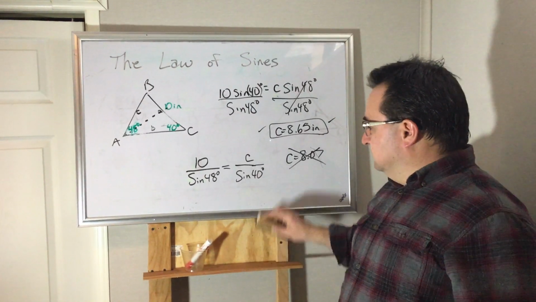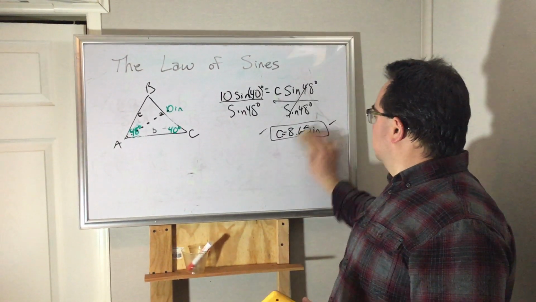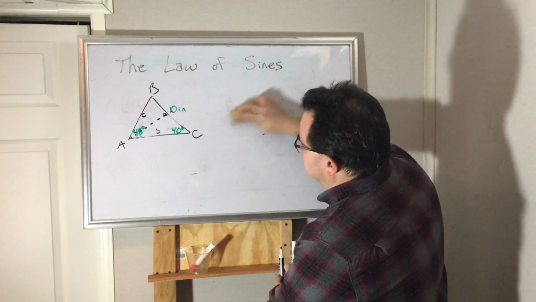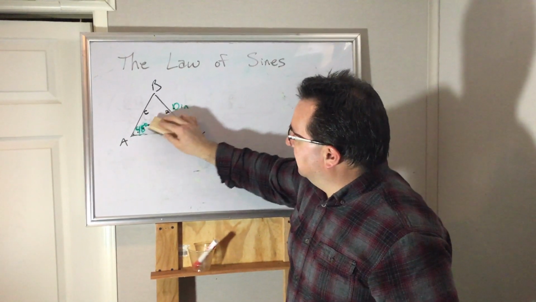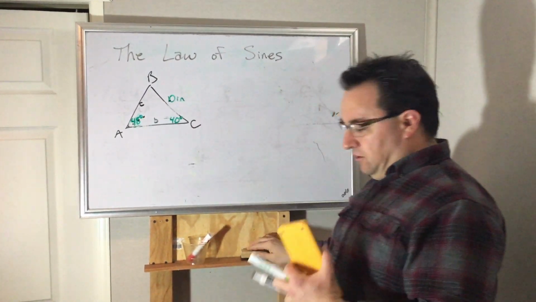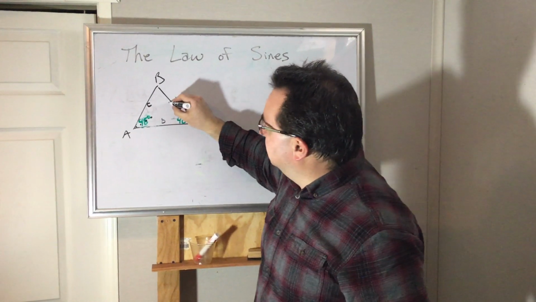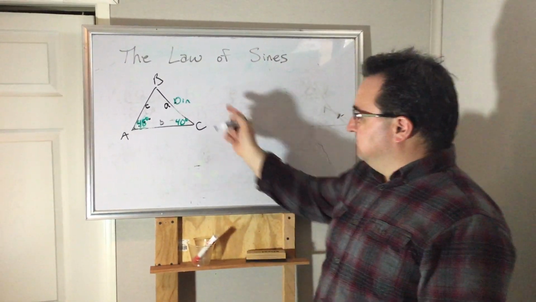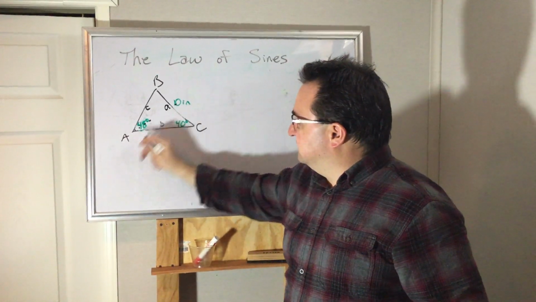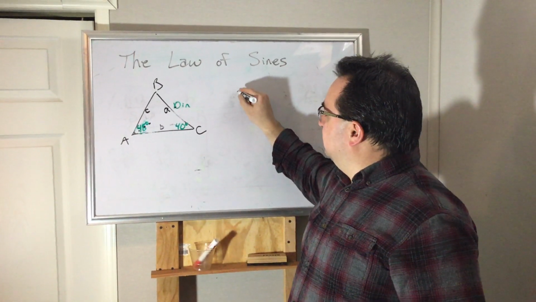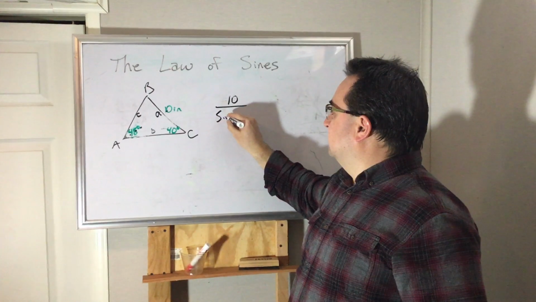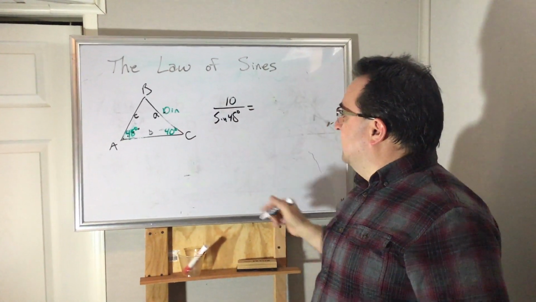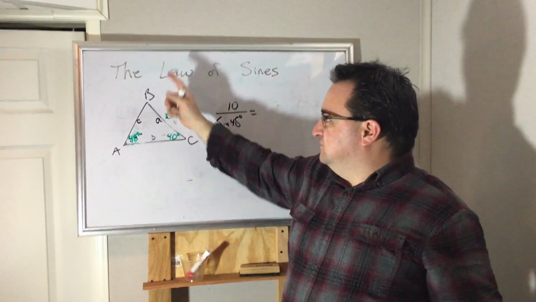All right, so another note to make about this is when you're first starting this, a common question is, how do you know which ones you're supposed to pick? Well, you got to have it so there's only one unknown. Let's say I'm doing this problem and I go, okay, I see this opposing pair, so I know I'm going to use that, 10 over sine 48. And then let's say I just use the b's.